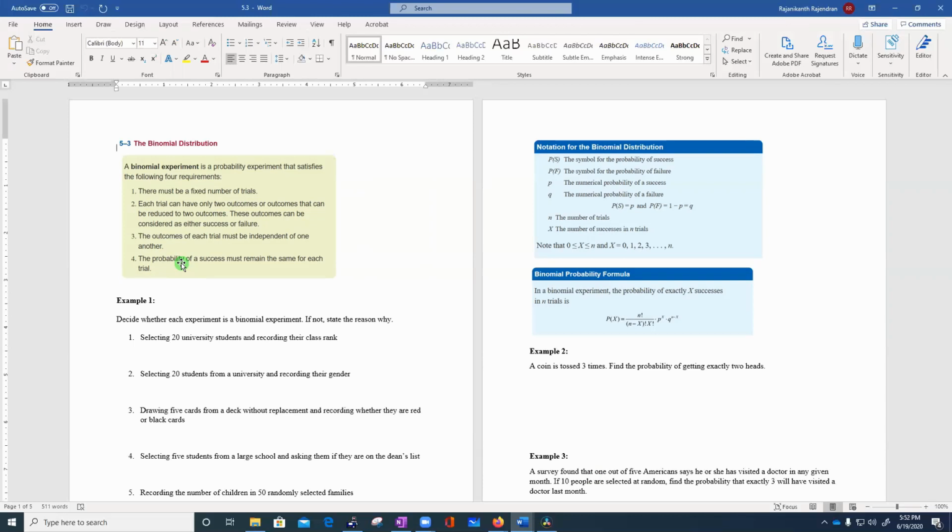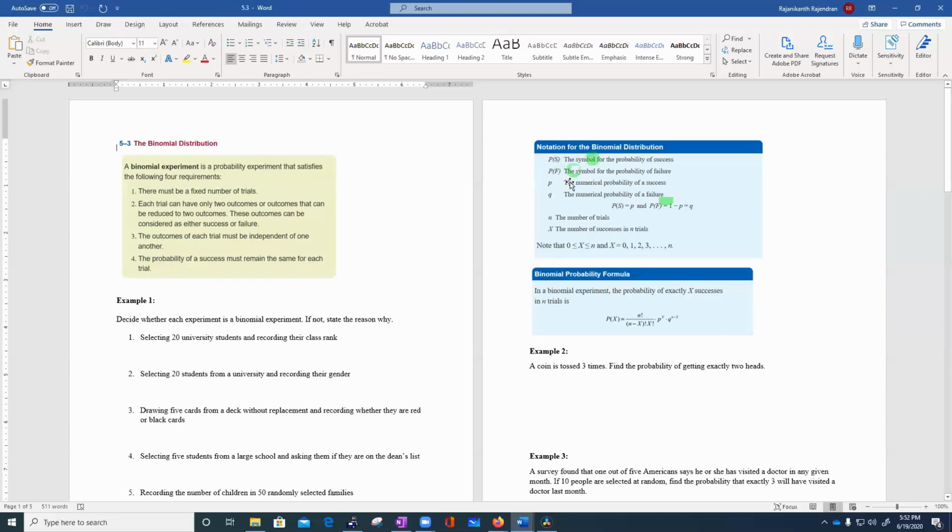Yes, those kinds of experiments are called binomial experiments, okay? It is always advisable for you guys to go through the lecture notes first before trying the problems. You should understand the notations first, okay?